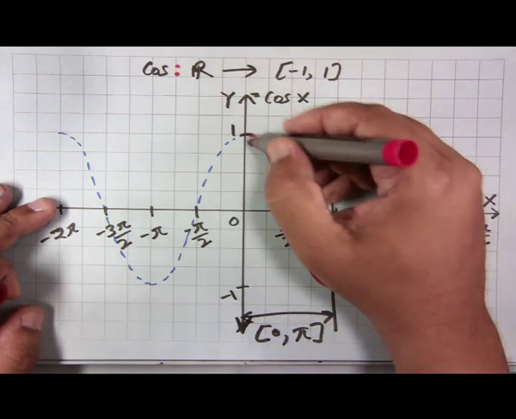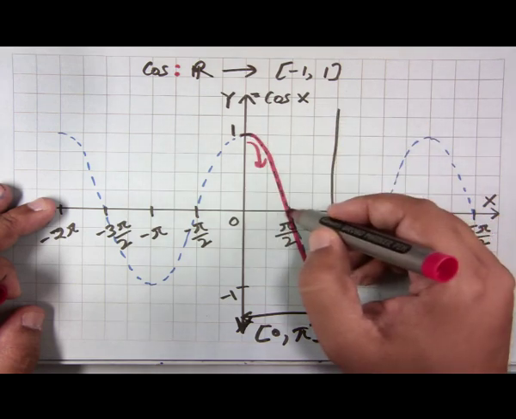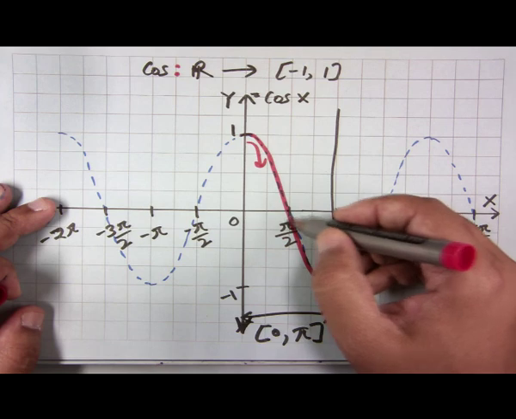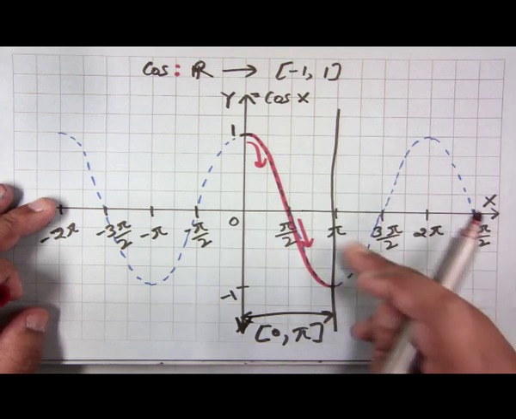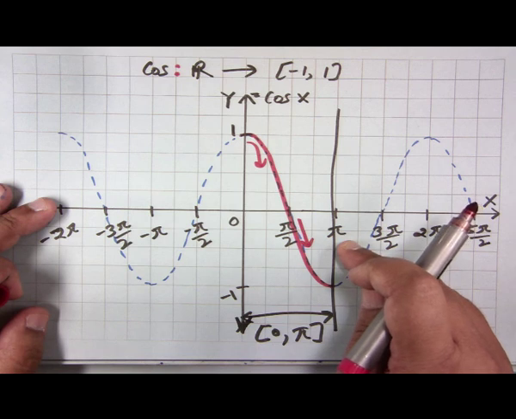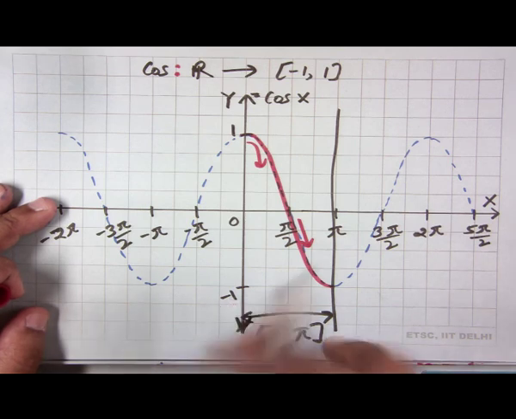So, we can start from 1 here, and as we go along the curve we reach a value of 0 at pi by 2, and then further down we go all the way till minus 1 when x equals pi. So, even by restricting the domain of the cos function to 0 to pi, the entire range is still the same.